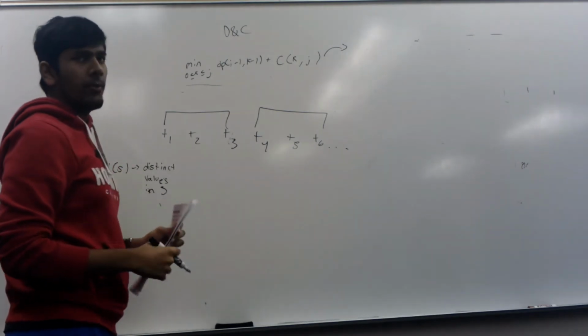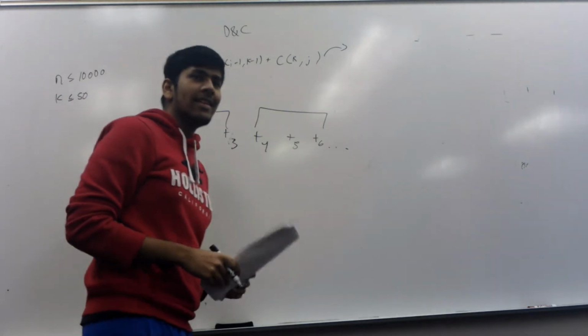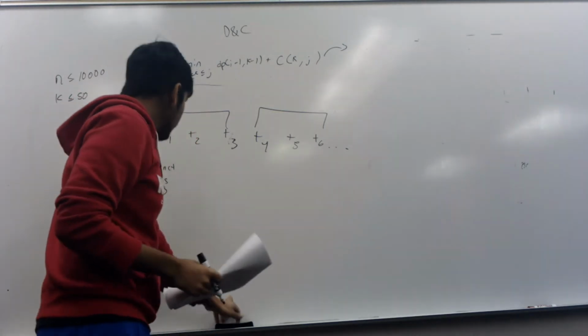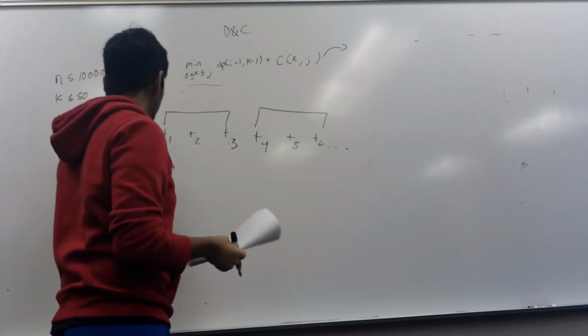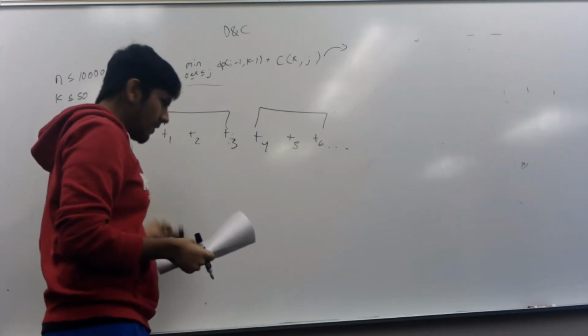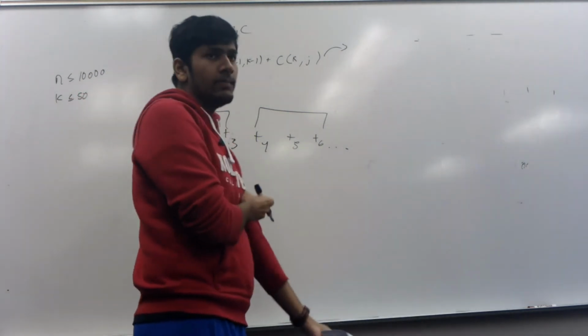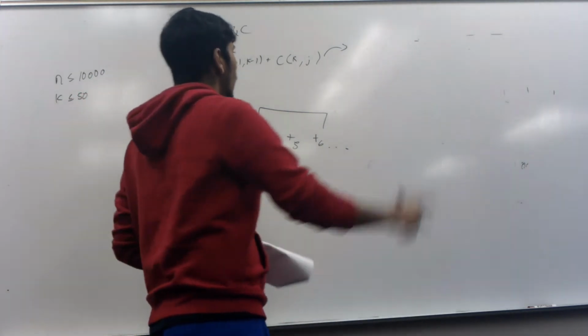Do you think we can use divide and conquer for this? Yeah? How can we prove this monotonic condition? Well, let's think about that. I'll write it up here again.